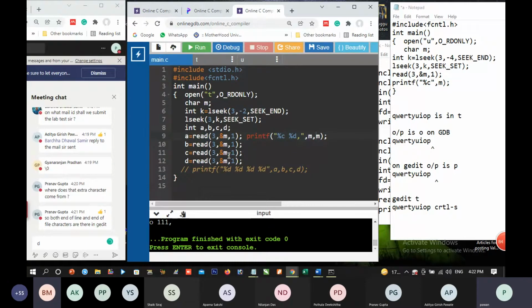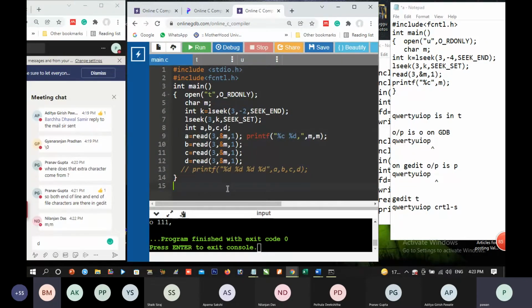Let us see this. No, it is percentage D. We want the ASCII code. Let us see this. OPP. The next time P has come because the system call has failed.